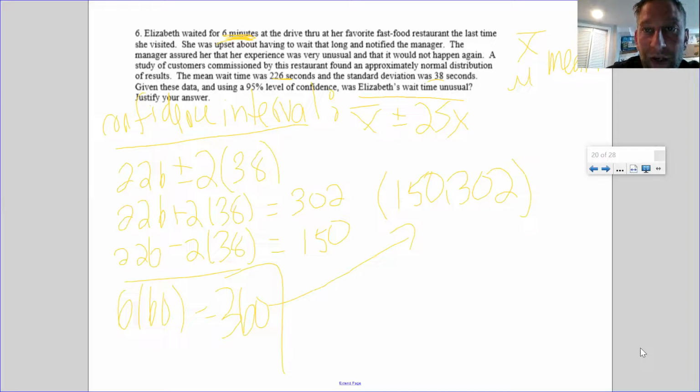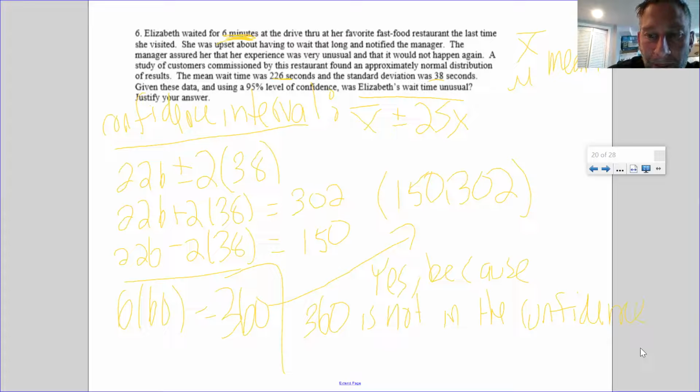No. So was it unusual? Yes, because 360 is not in the confidence interval.